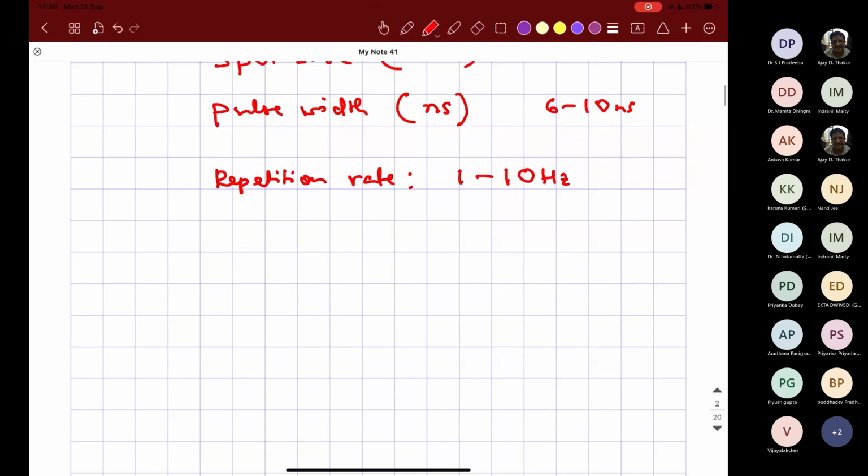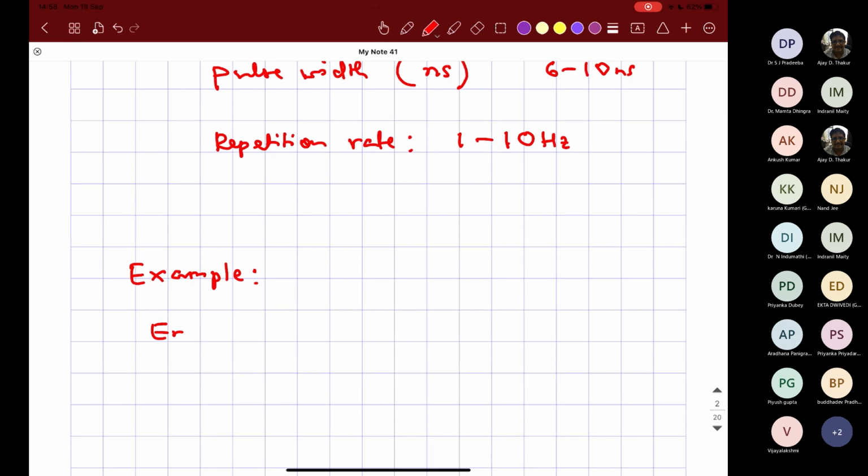Let's take an example. Say the energy density is about 2 joules per centimeter square.